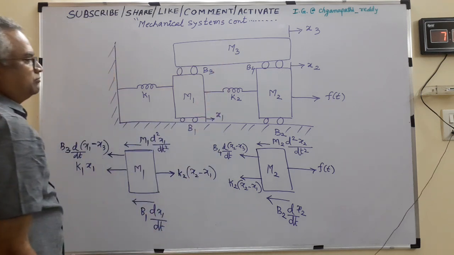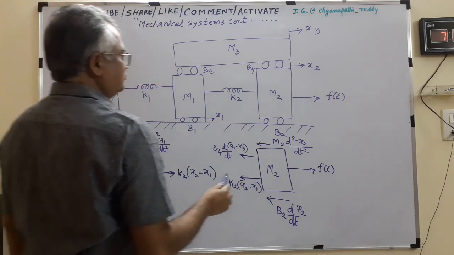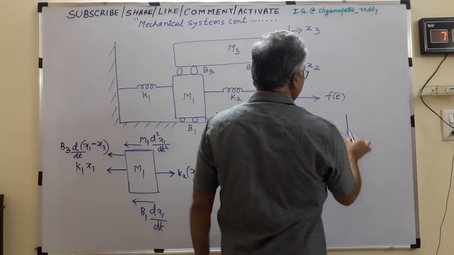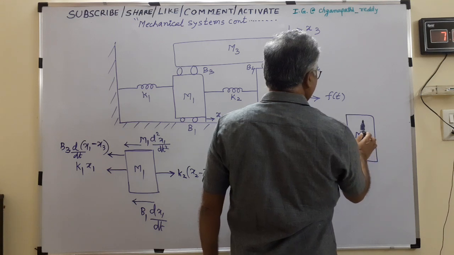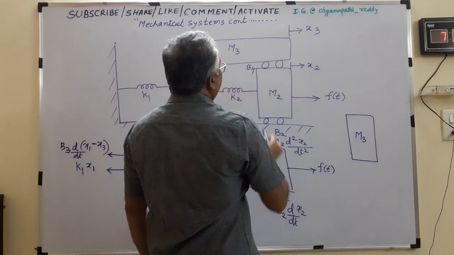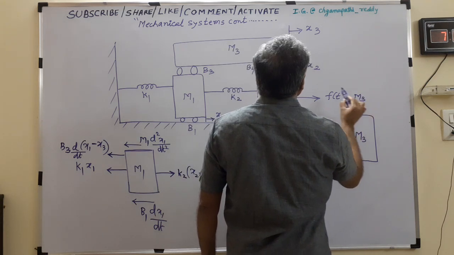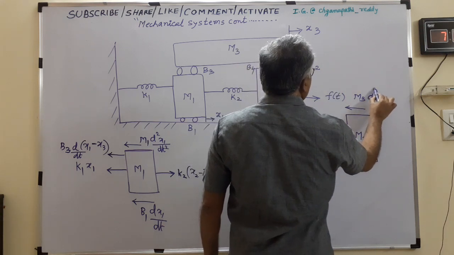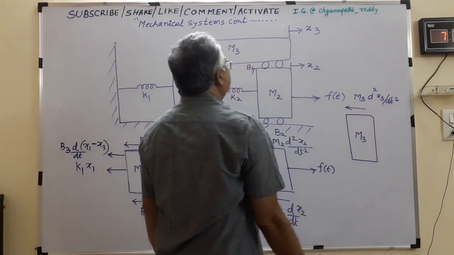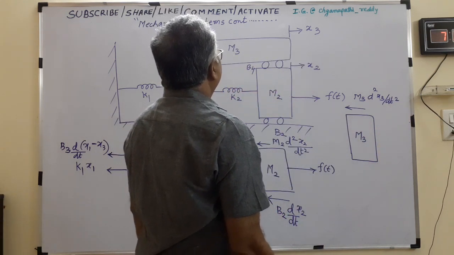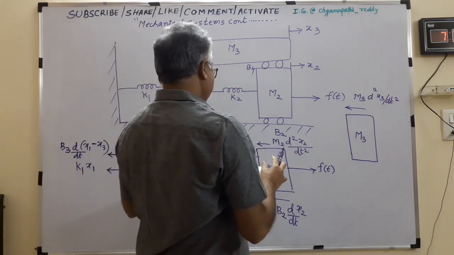Then lastly M3. What is opposite force this side is M3 d square x3 by dt square. So here all are working in reverse.